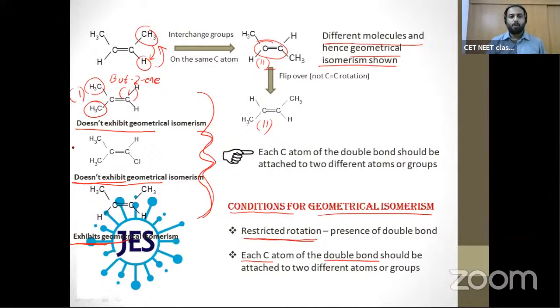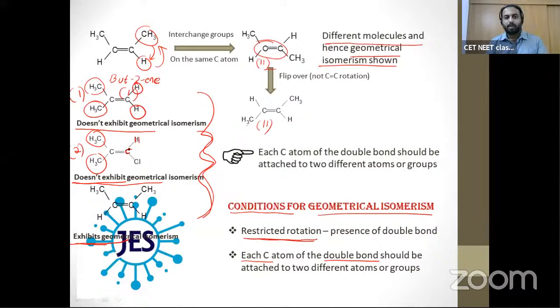Then let's come to compound 2. Again, methyl groups identical. In fact, in compound 1 look, the hydrogen atoms are the same. So identical groups are attached to both carbon atoms. That's when it cannot show geometrical isomerism. Look at compound 2, first carbon has different groups, hydrogen and chlorine.